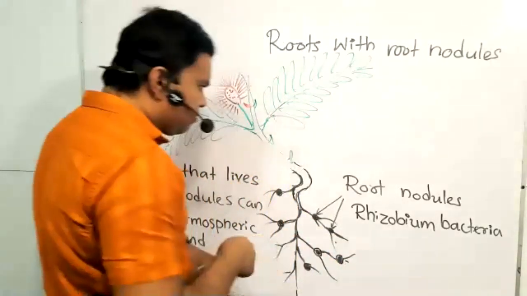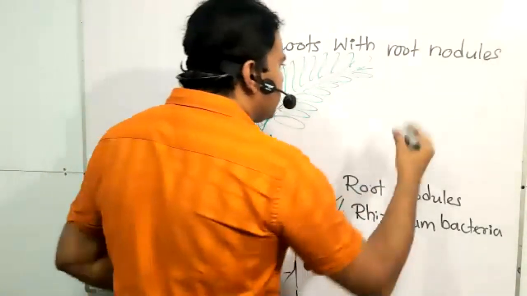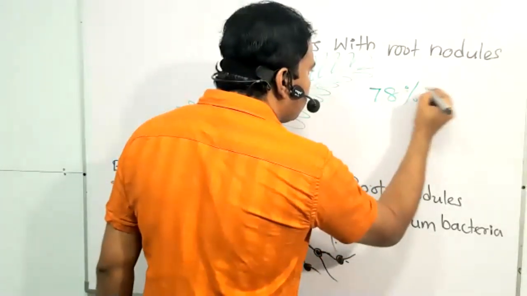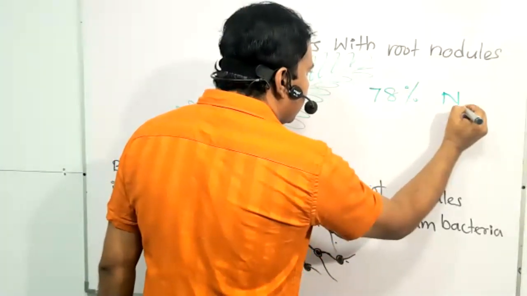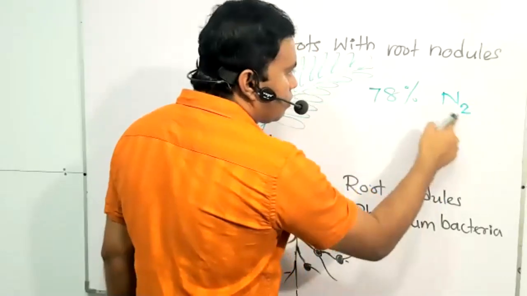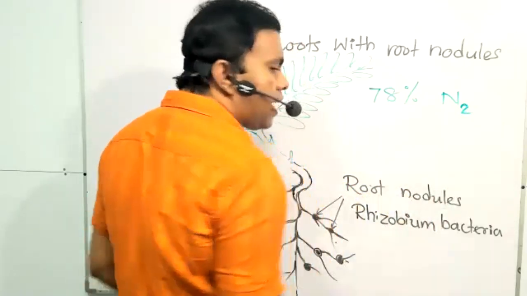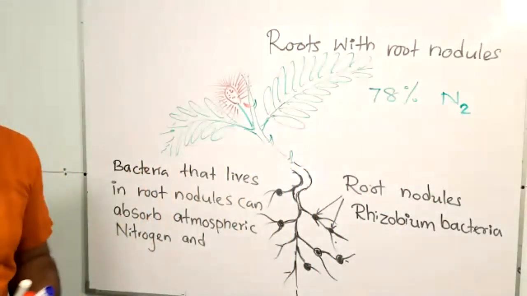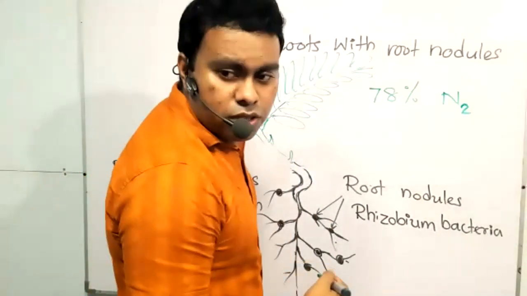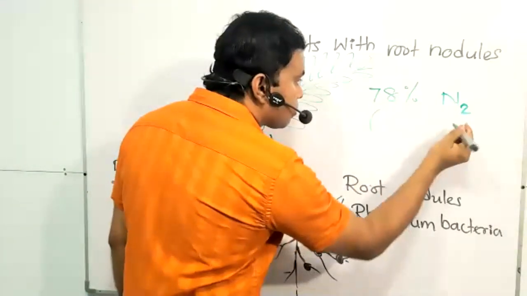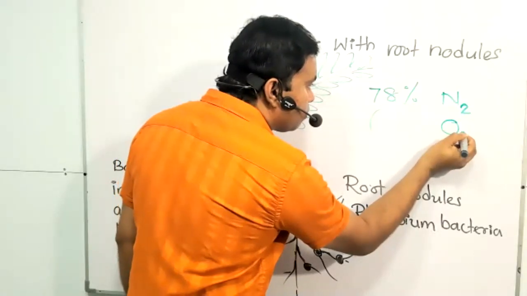Now listen. Your atmosphere consists of 78% nitrogen gas, N2. So we write that as N2. I think you have seen that, N2. So what about oxygen? That's O2.